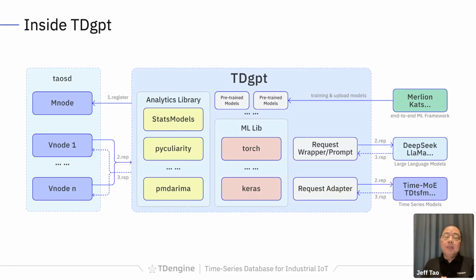So many people are working on time series foundation models, and TDengine also developed our own time series foundation model. It's called TDTS-FM. Time series foundation models work with TDgpt too.